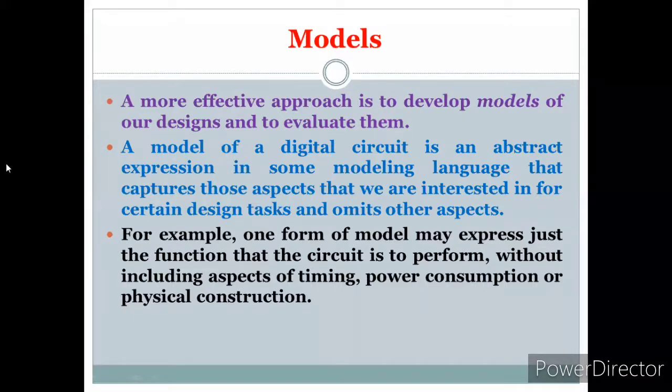So if you observe, the designing of a model has certain properties which need to be taken care of when we are designing the model. And depending upon the property, the design aspects keep on changing.